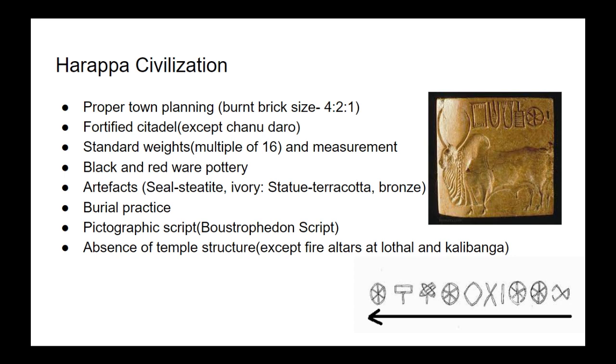For example, you can see in this slide the heading Harappa civilization. In normal manner, we read Harappa civilization. But if it is written in Boustrophedon script, then we will read it as Noitazilivic. So we will read from the opposite direction if it were written in Boustrophedon script.